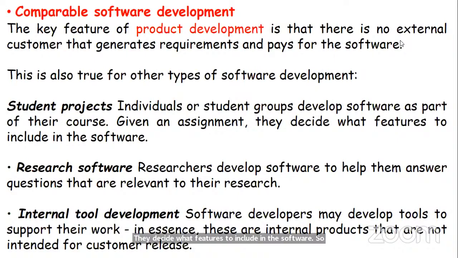Now, research software: researchers develop software. Please listen to this, as it may help you in your academic career. It's very important. Researchers develop software to help them answer questions that are relevant to their research. So once you are developing software in your project or research, that is not the research.